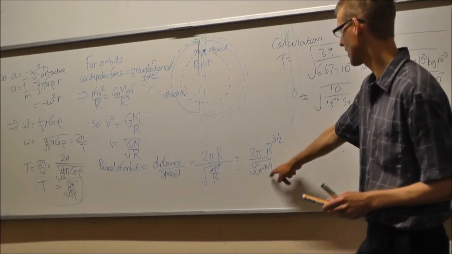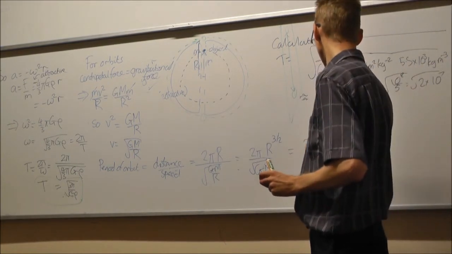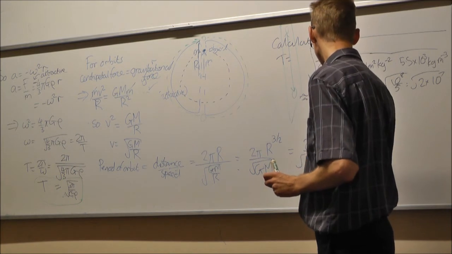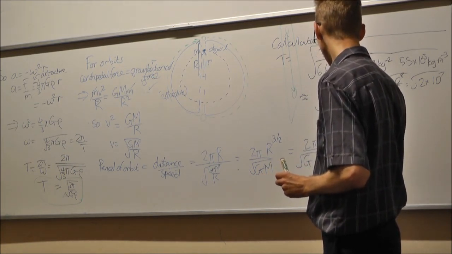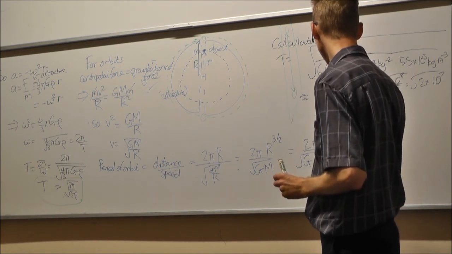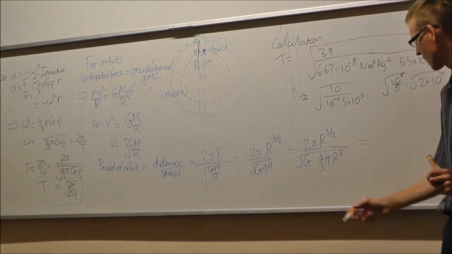I need to turn my mass into rho. So 2 pi r to the 3 over 2 over the square root of G times 4/3 pi r cubed rho.